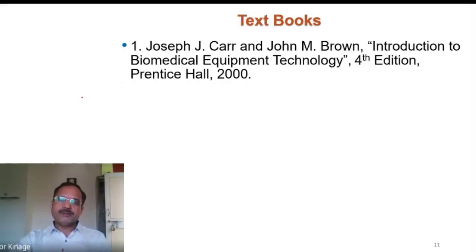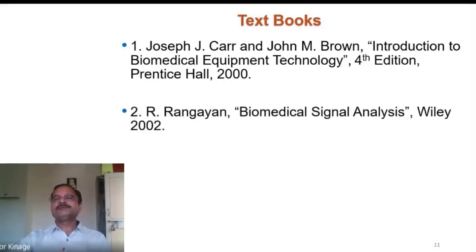Now the books I am listing here are the books prescribed as per university. Apart from these, you will find many more books available. First one by Joseph Carr and John Brown, Introduction to Biomedical Equipment Technology, published by PHI.